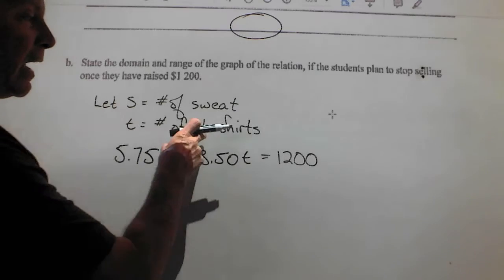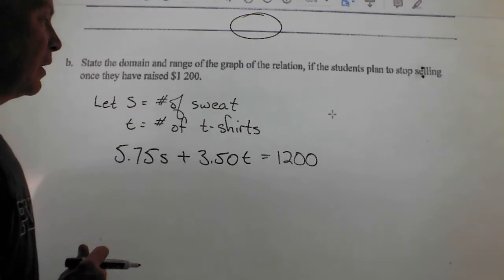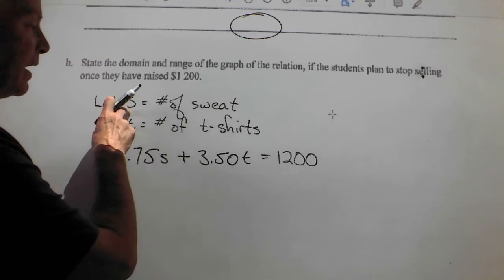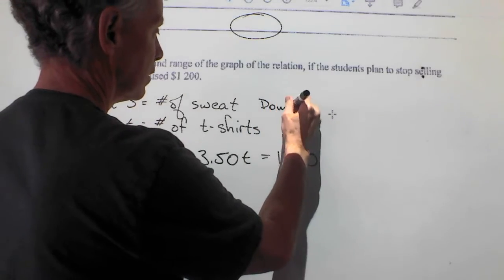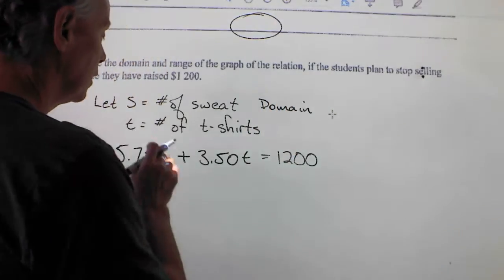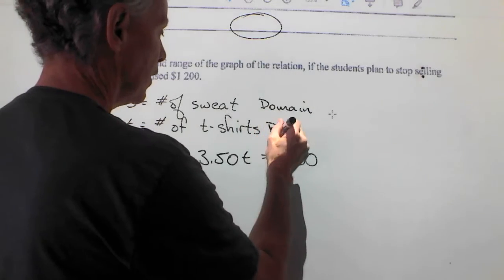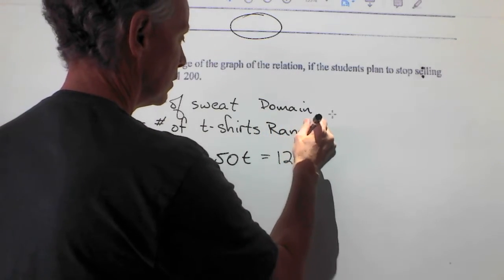So what they're really asking for here is the intercepts. So let's just say that S will be our domain variable and T will be our range variable.